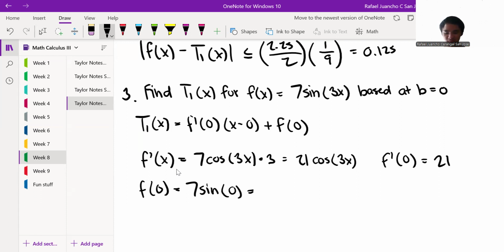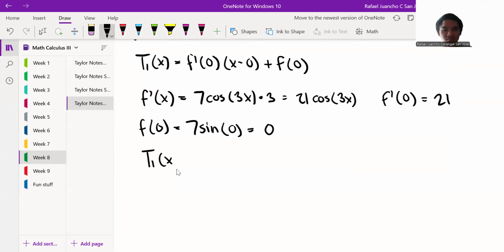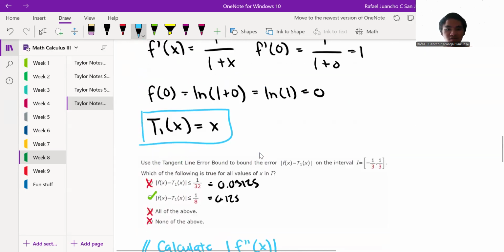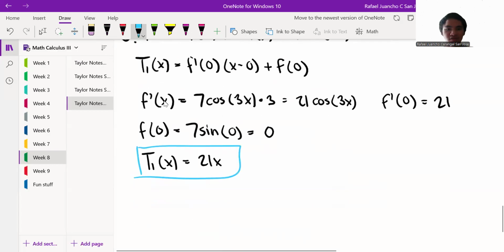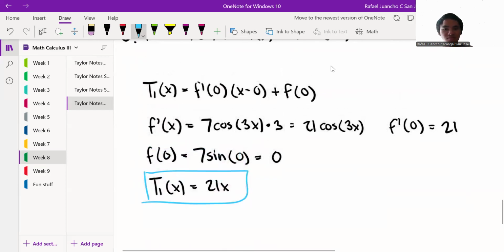Sine of 0 is 0. And so my thing here is just 21x, right? So the first step is finding the first Taylor polynomial, T sub 1 of x, which I think is usually the easiest part.